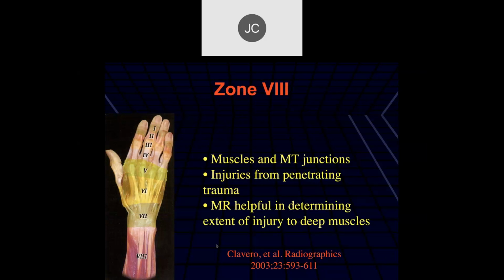In zone 8, and this is a nice review from Clevero in radiographics, the pathologies have to do with muscles usually and the musculotendinous junctions. Injuries typically are penetrating injuries, and MR is really helpful in evaluating the extent of injury to the tendons and to the deep muscles.